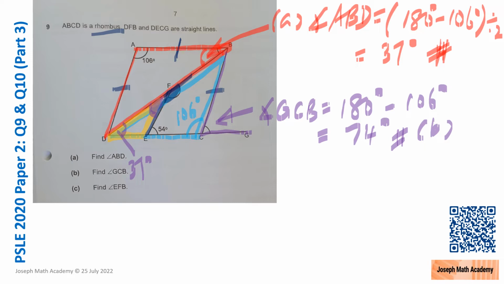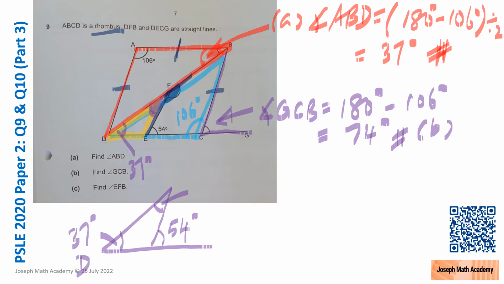And then if you are aware of the property that the exterior angle equals the sum of the two interior angles, if this is 54 and this is 37, we have already found what this angle is. One more time.